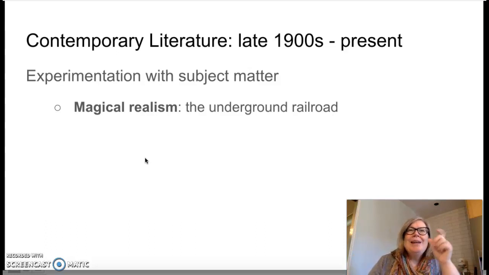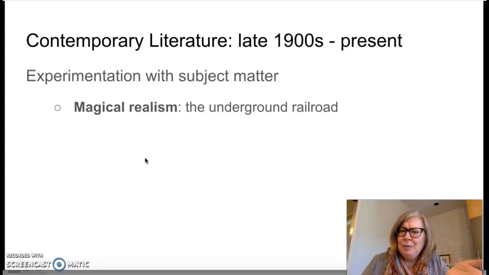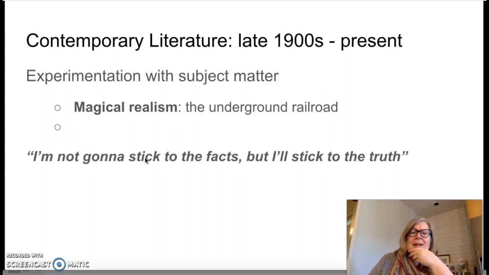So notice how Whitehead takes this concept of the Underground Railroad and makes it literal but also magical. He said, and I love this quotation, "I'm not going to stick to the facts, but I'll stick to the truth." So again, he may be taking liberties with the historical record in order to get to the larger truth of slavery.